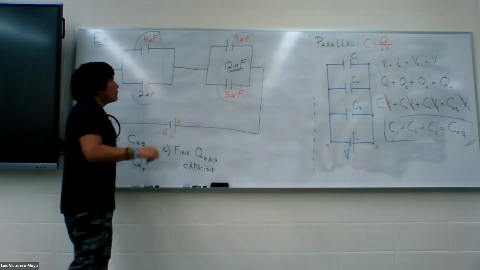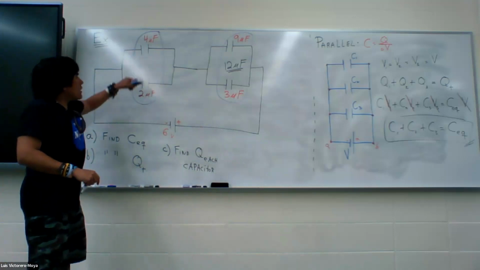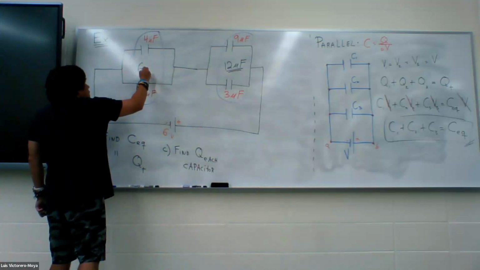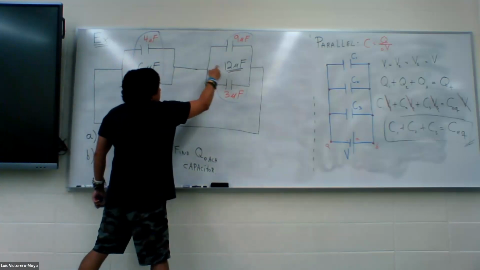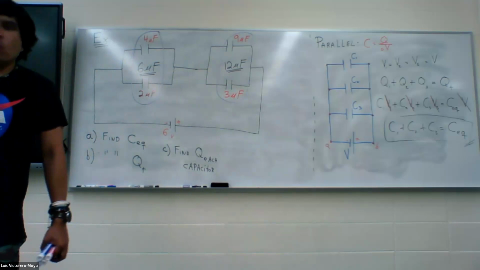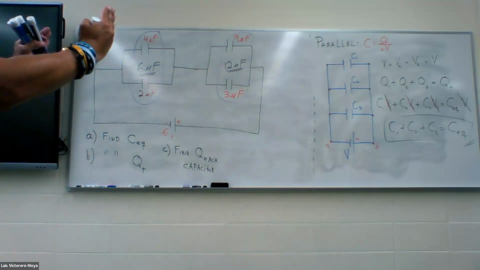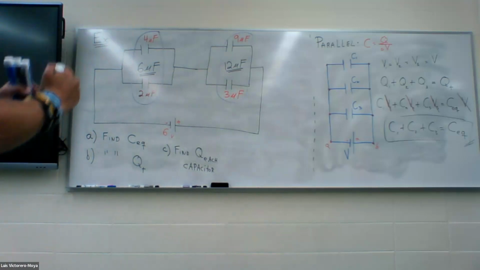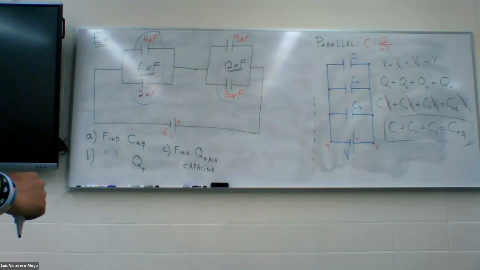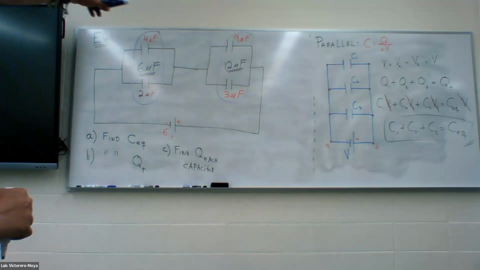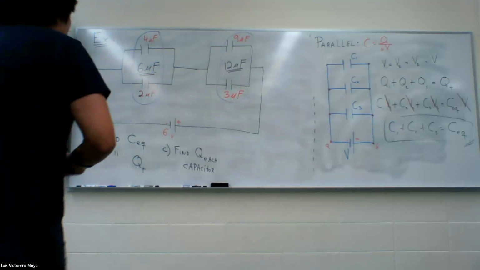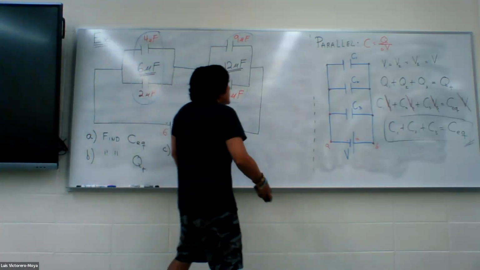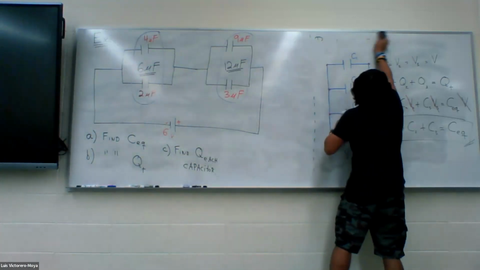And your 4 and 2 into 6. You have a 6 and a 12. And as you can see, they both are now in series. So to find the equivalent capacitance, we have to combine in series 6 and 12. Well, we use the equation for capacitors in series.